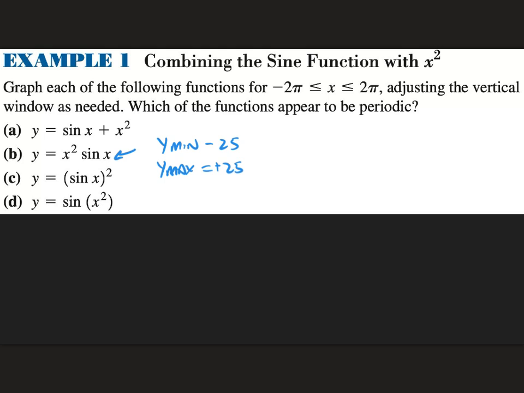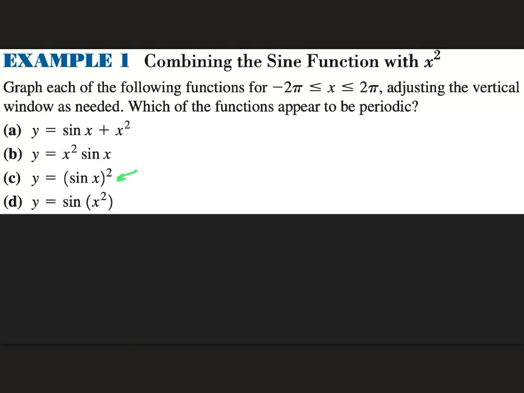When you do that, this is what your graph looks like. It goes up, comes down. So it looks something like that. So that is not periodic.